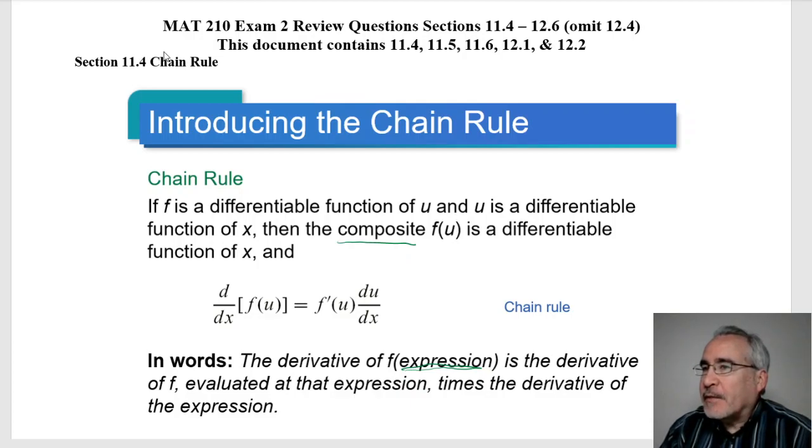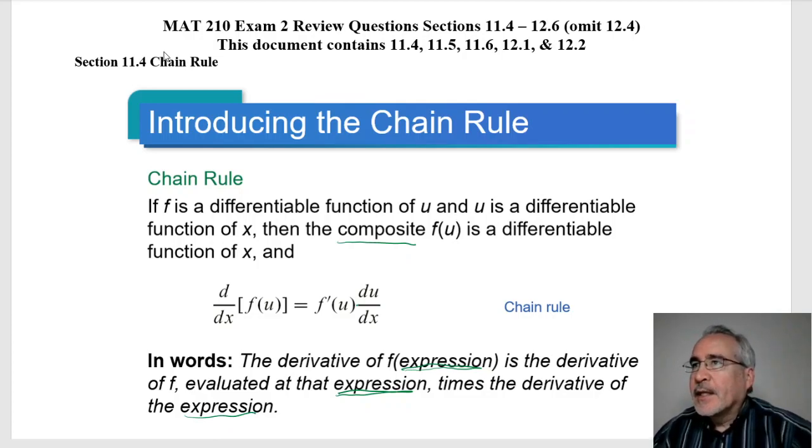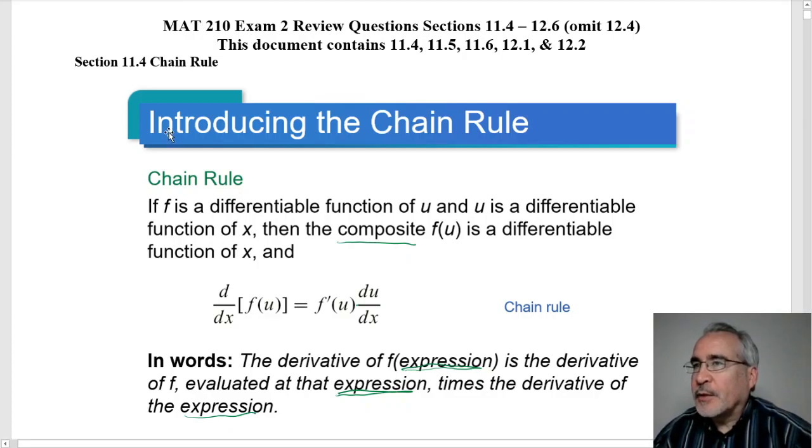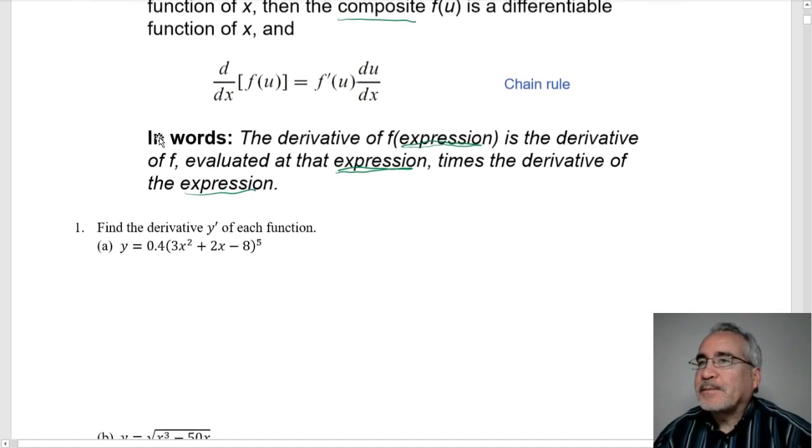It's the derivative of the outside part of the function itself with that expression still there, multiplied by, so there's a times here, multiplied by the derivative of that expression. Okay, so let's go ahead and do a few examples and keep moving forward.